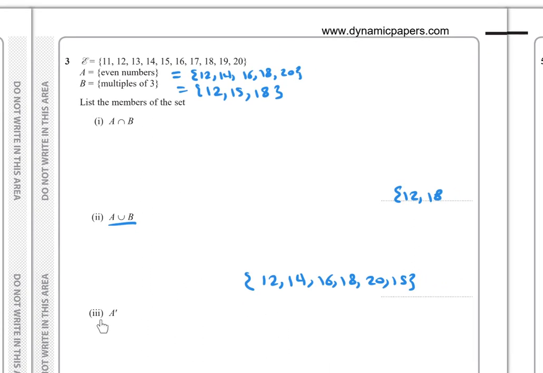Now A complement is the elements not included in A but included in the universal set. A contains the even numbers, so A complement is the odd ones: 11, 13, 15, 17, 19.